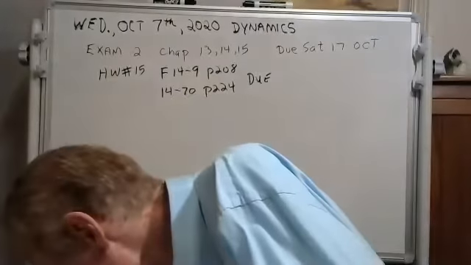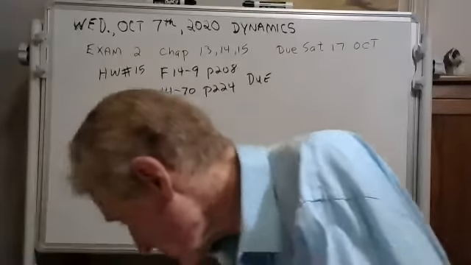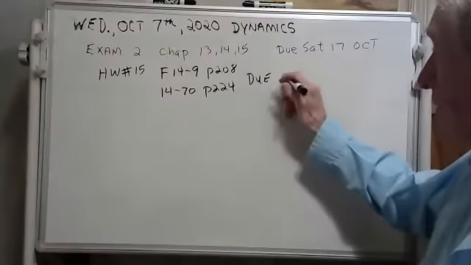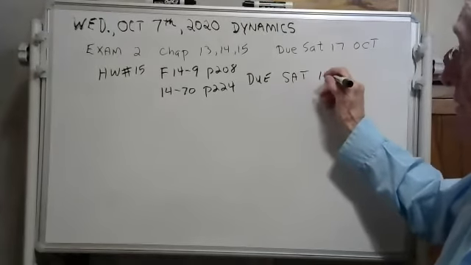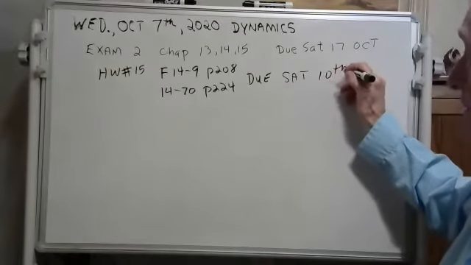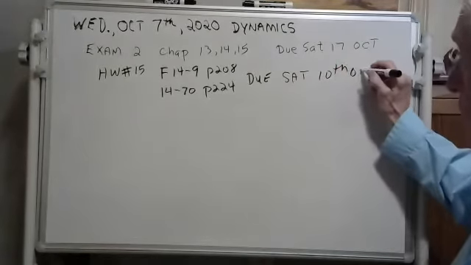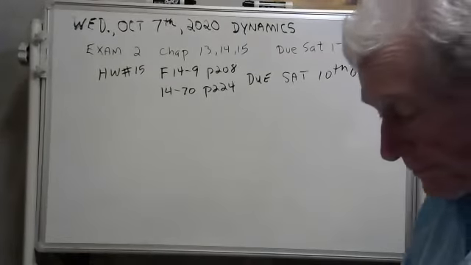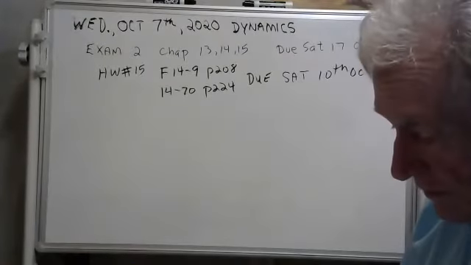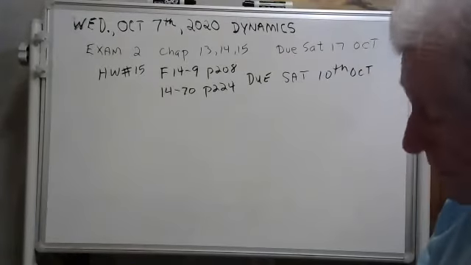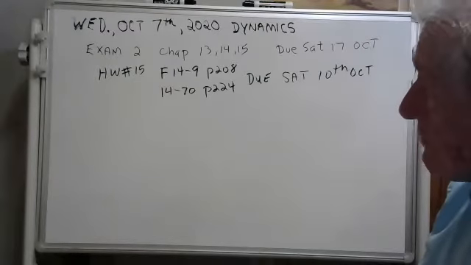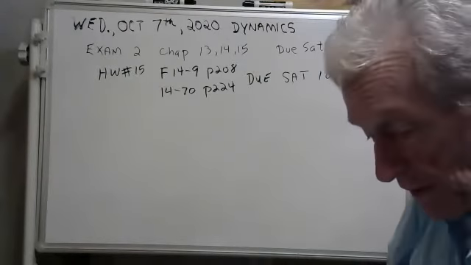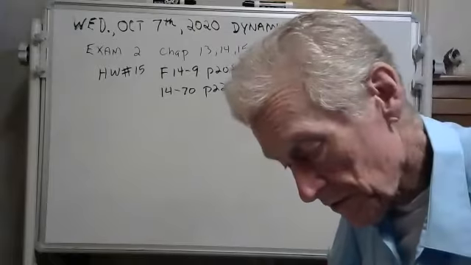I believe that's Saturday. Let me look and see. Yep, it's due Saturday, the 10th of October. Okay, well, there's your homework, and you probably already knew that. Any comments or questions on anything so far?